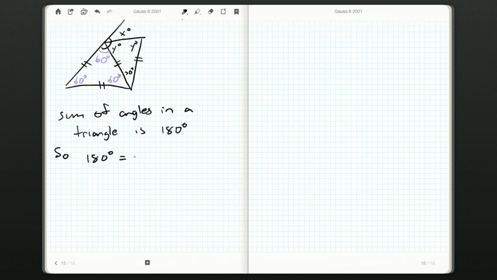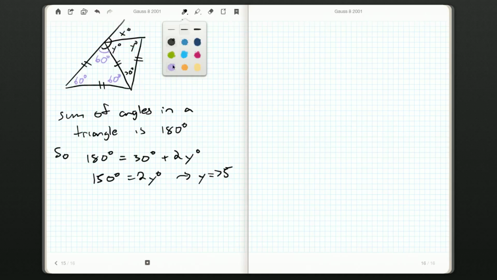So 180 degrees is 30 degrees plus 2 of the y degrees. We have 2 copies of y in there. So we subtract 30 from both sides. We get 150 is 2y degrees, or y is going to be equal to 75. So we can add that in. So this is actually 75 degrees.